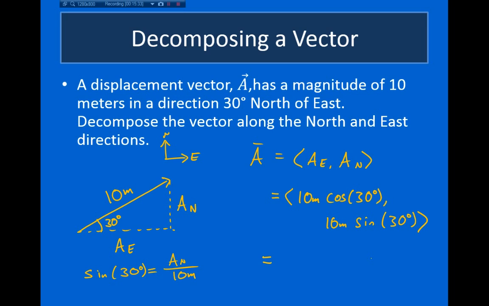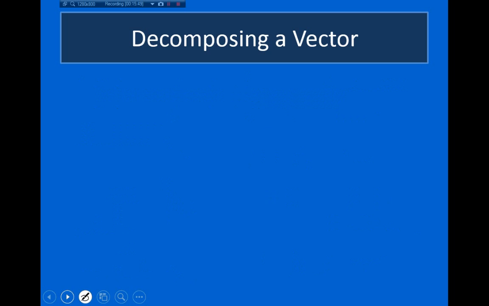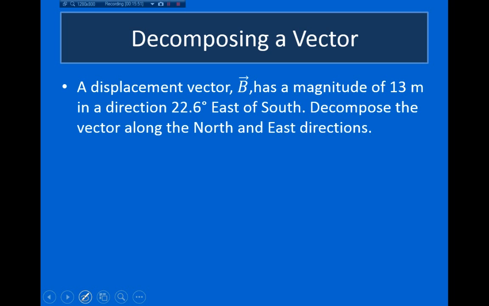Now if I plug all this into a calculator, I can see that the vector is 8.66 meters east and 5 meters north.